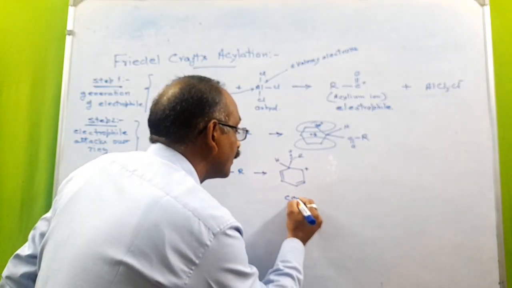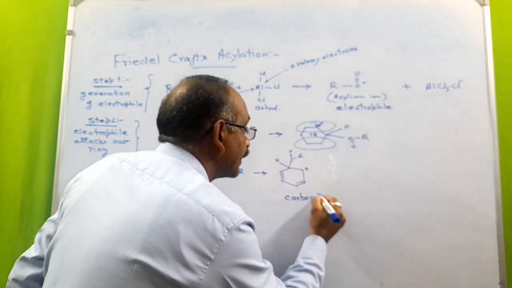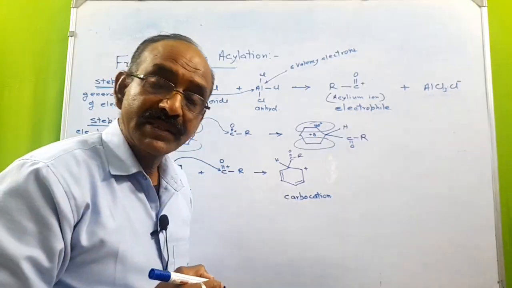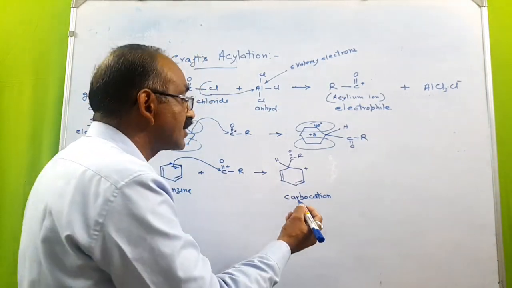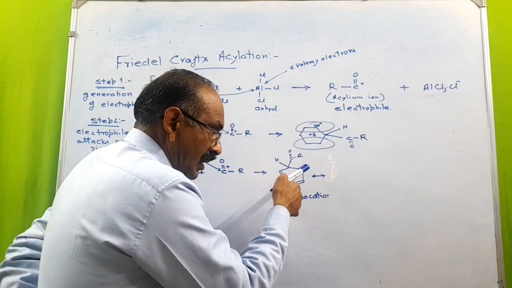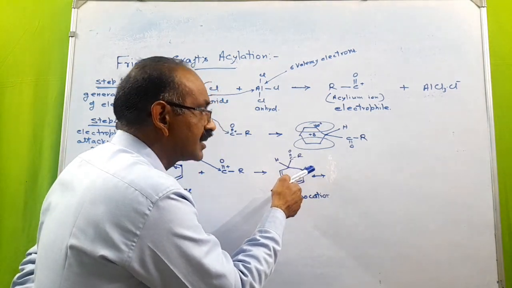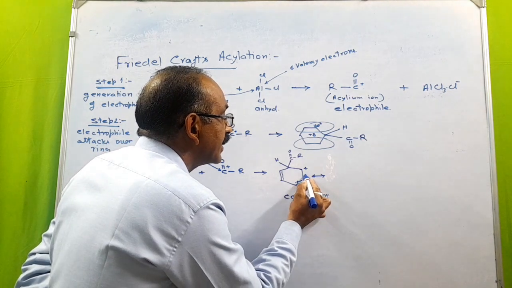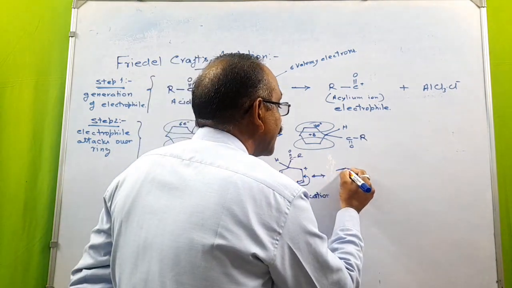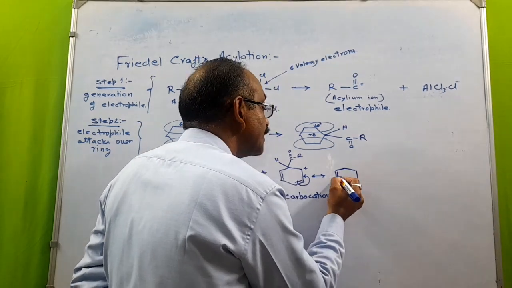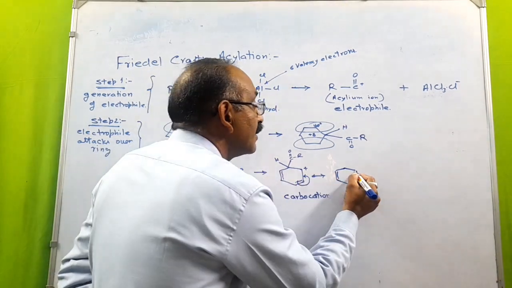Now this type of carbocation will form as an intermediate. This carbocation remains stabilized by the presence of resonance. See what happens. In order to compensate the deficiency of the electron on this carbon, these adjacent electrons shift here, and we obtain another resonating structure. As these two electrons shift here, a double bond will form.